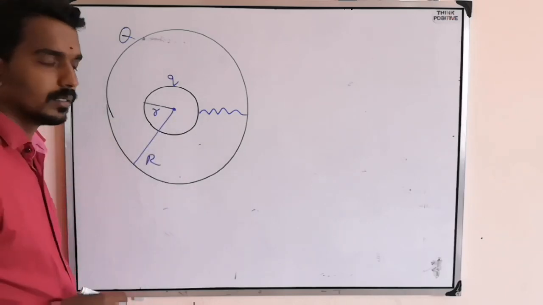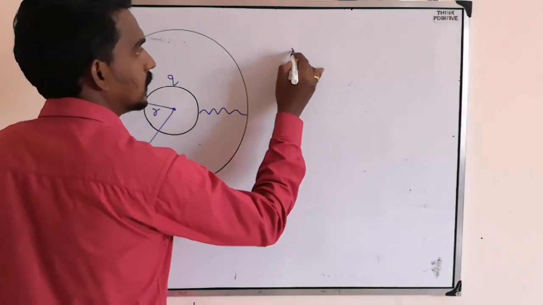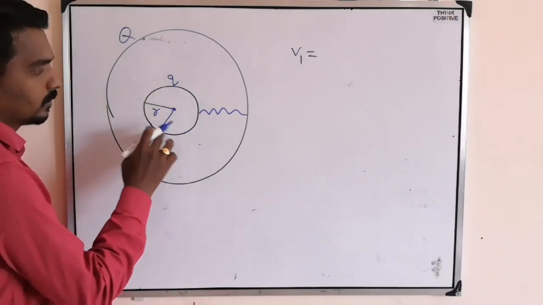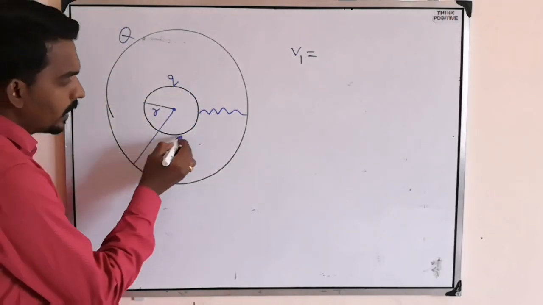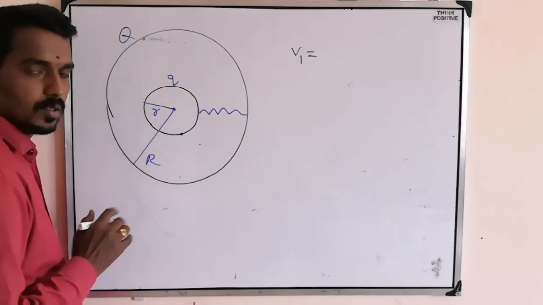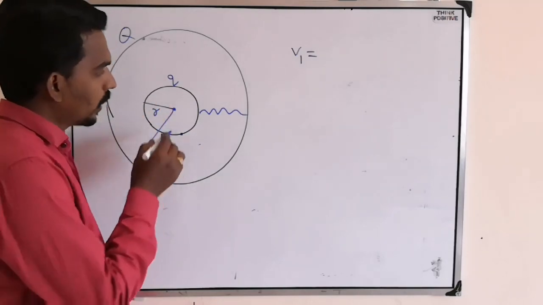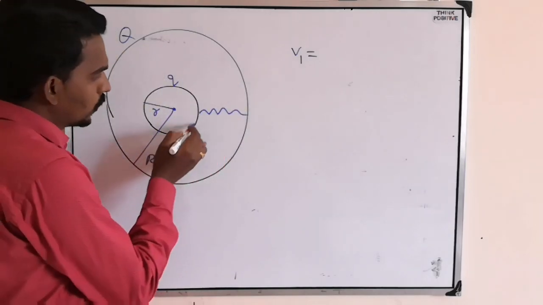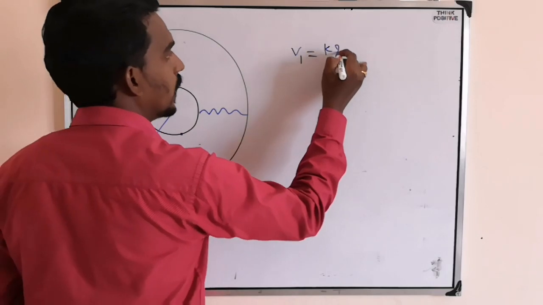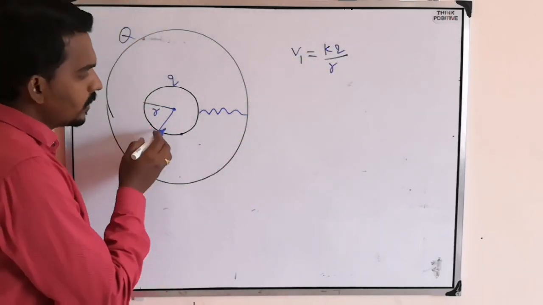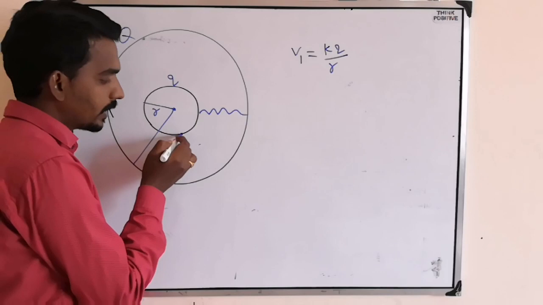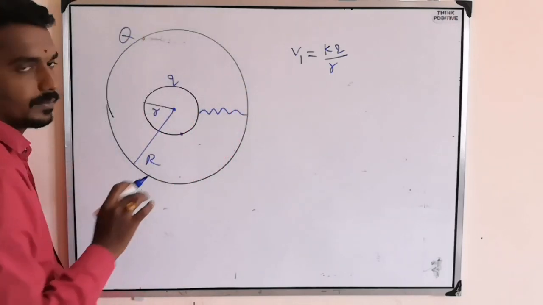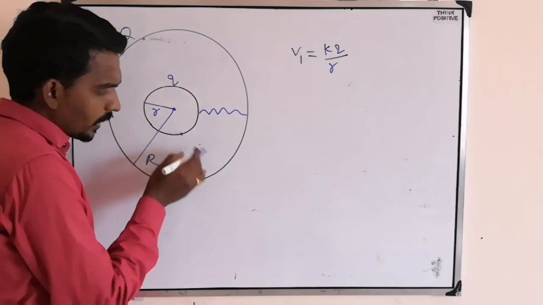Then what happens? The potential on the inner one, this one: how many potentials will be there on this? Two potentials, one due to this one and one due to this one. Due to this one, kq by r, the potential due to the shell on its surface. Due to this, but this point is inside.